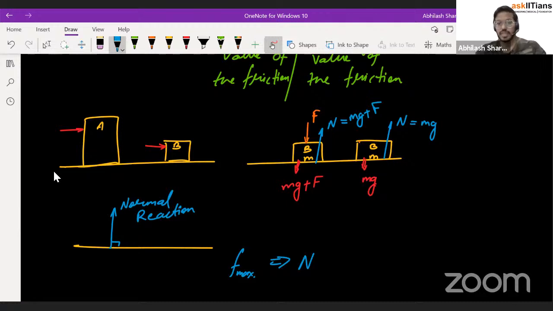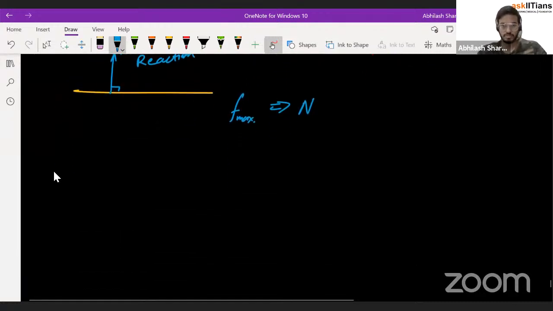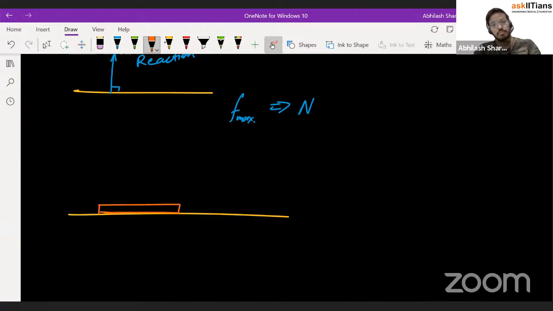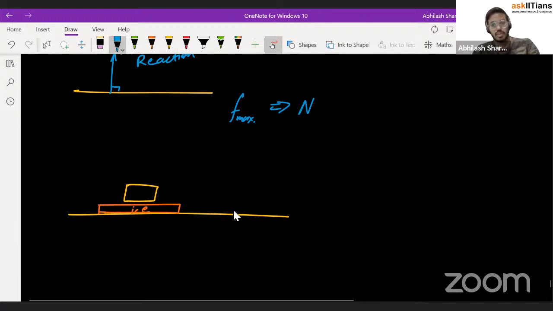Let's try out the next conclusion. Suppose the same two blocks of mass m. The first one I'm keeping on an ice slab. So this is ice. While the second one I'm keeping on the sand.